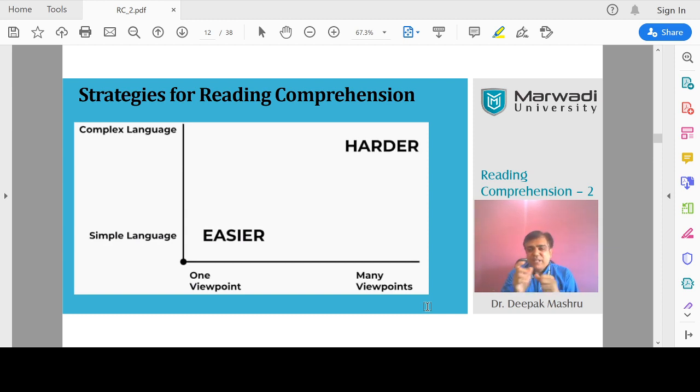One viewpoint and many viewpoints. You must have come across people saying that you should develop reading habits, you should read books. So what is the reason for that? While I was preparing this session on reading comprehension, I came across different websites, books and materials.